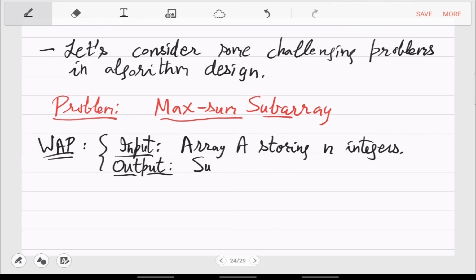So subarray B, say from i to j, with max possible sum.